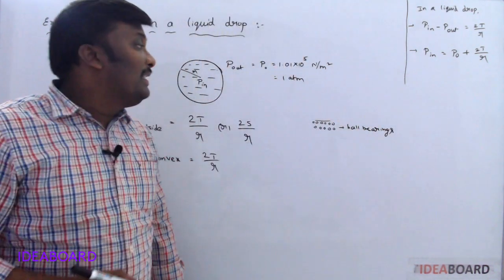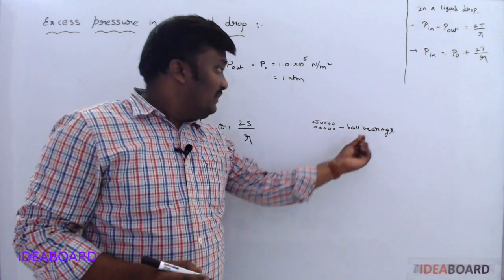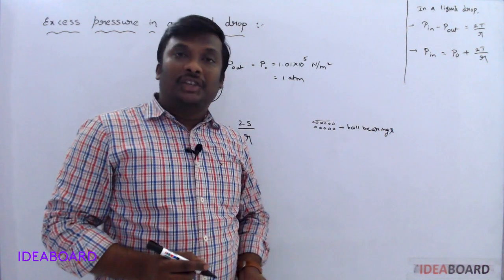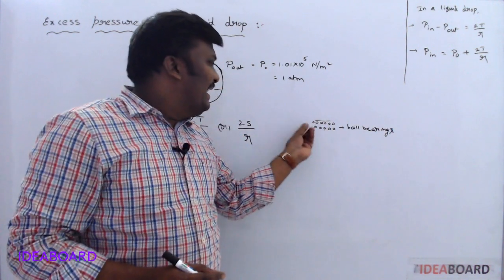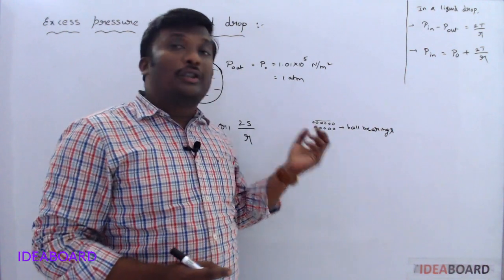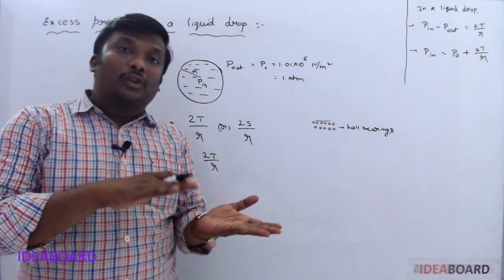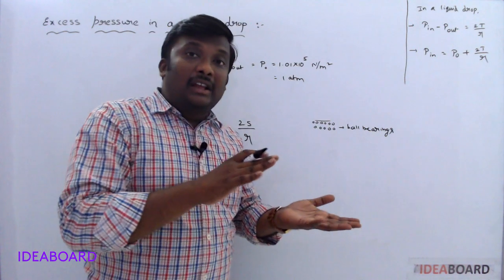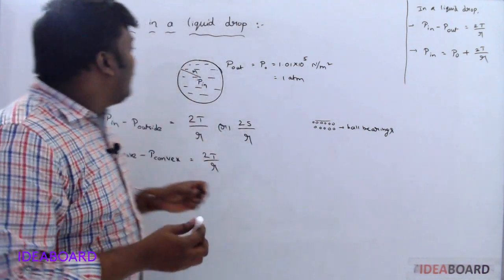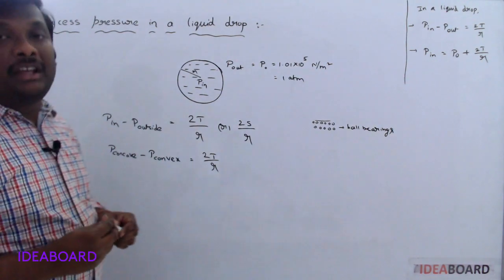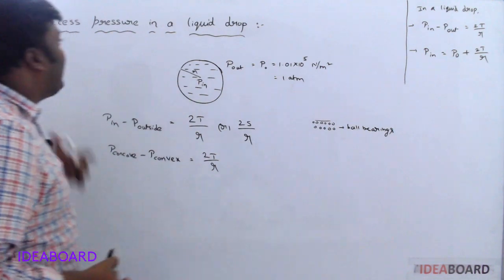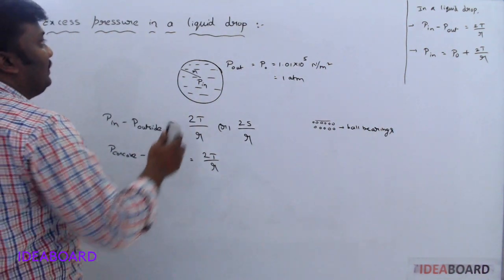We know ball bearings are nothing but a method used to reduce friction. So here the entire water becomes droplets. Whenever they become droplets, it is easy to slide over the surface of the ice. So these are some important applications related to excess pressure. So this is about excess pressure in a liquid drop.